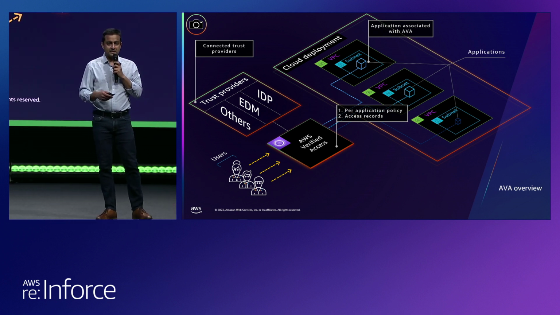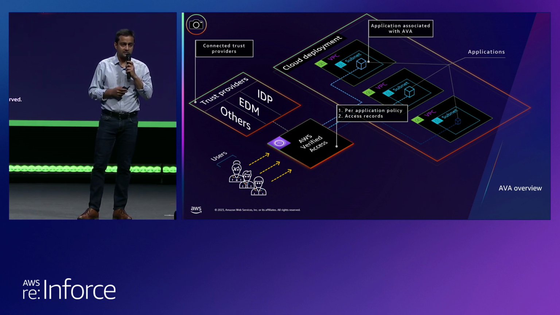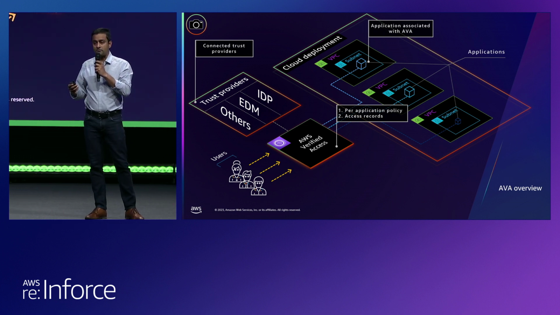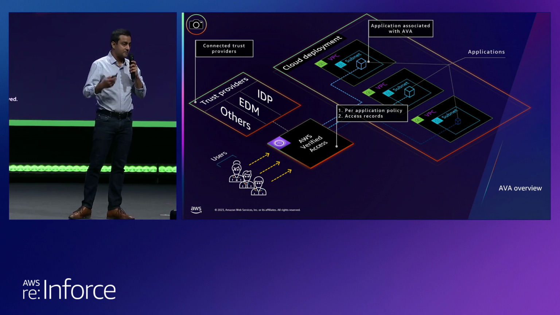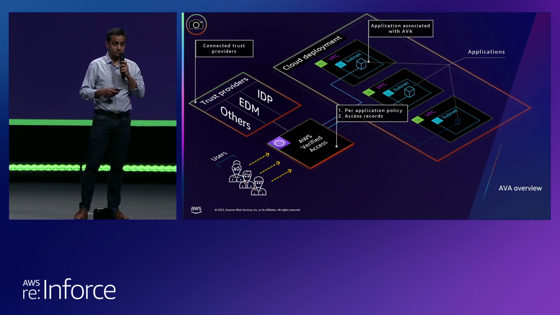So you can say, hey, this application is an IT application, all my employees need access to that. And this particular application is a core financial application. Only members of the finance team with a compliant device, with disk encryption on, with malware protection on, can access this application. So you can write fine-grained, per-application policies.